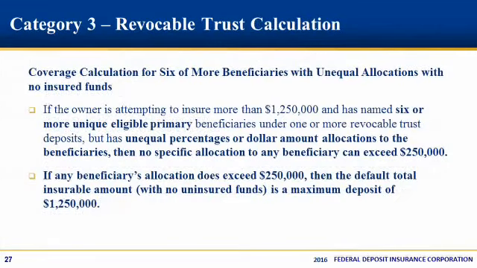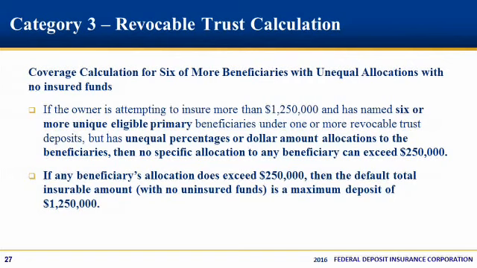We have now completed our discussion for deposit insurance coverage for revocable trust accounts with 5 or fewer beneficiaries. Next, let's look at some examples for formal revocable trust deposits with 6 or more beneficiaries. Since calculating the coverage for 6 or more beneficiaries sharing equally uses the same formula as 5 or fewer beneficiaries, we will not need to spend any additional time on those scenarios.